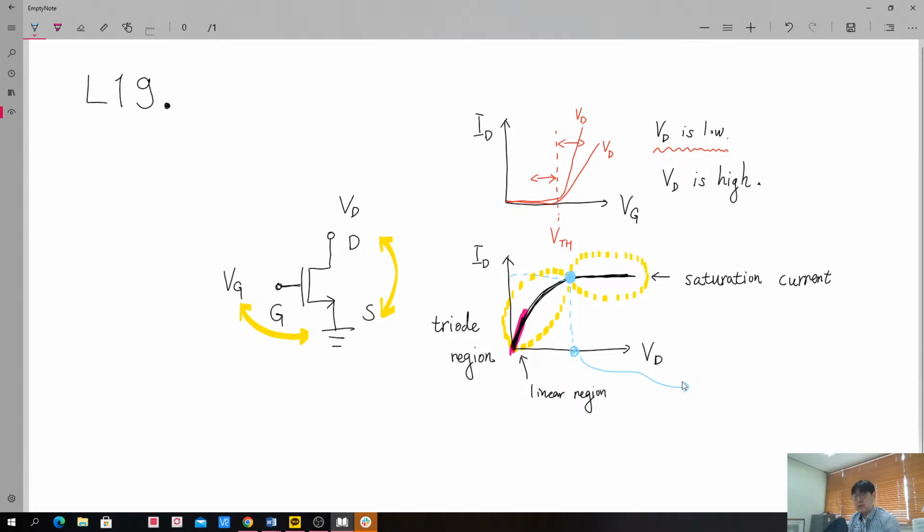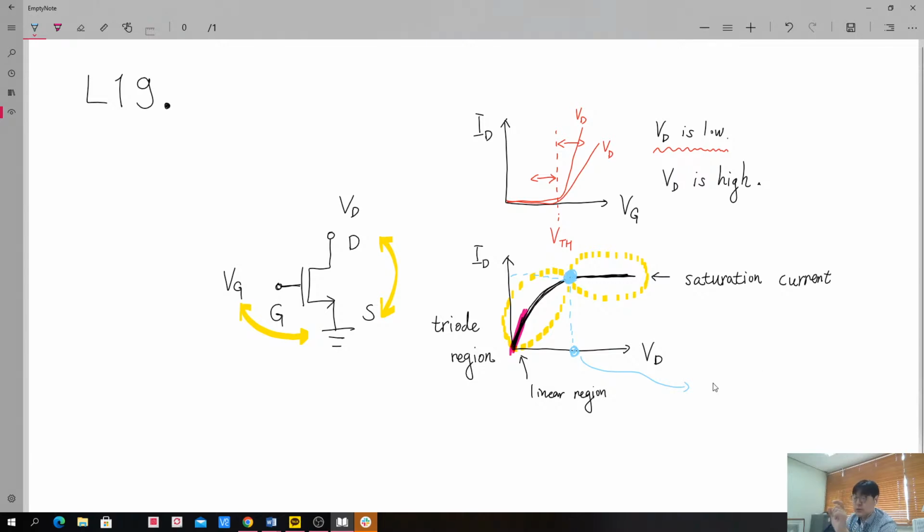It takes a second order term of Vd and a linear term of Vd. That's the reason why we have a parabolic behavior. And beyond a certain drain voltage, we will have just a saturation current, and that is the point. That means this point is where two different expressions meet together.